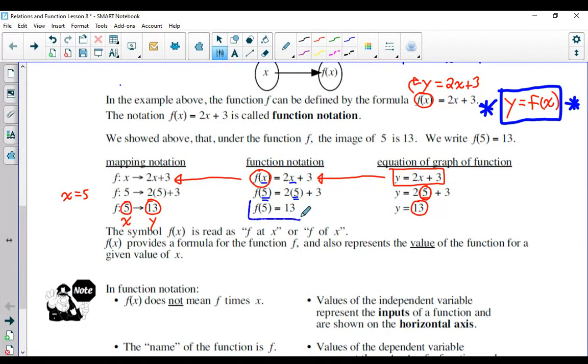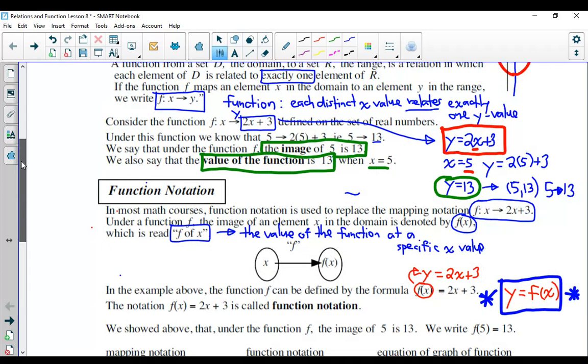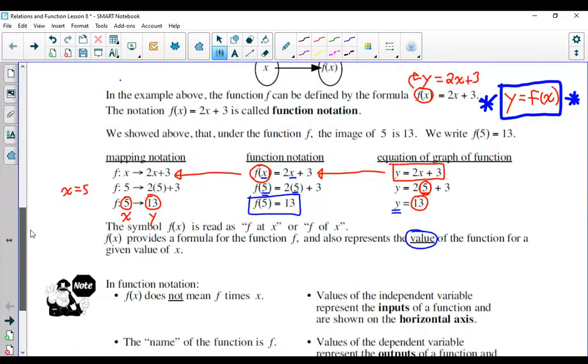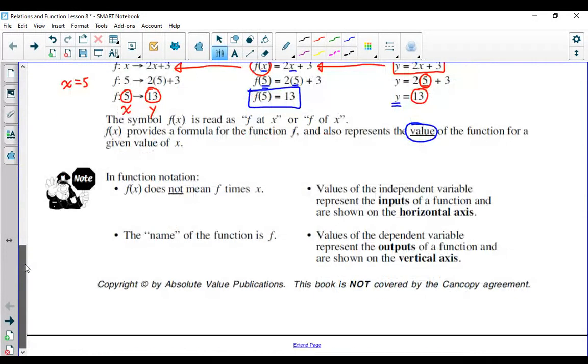Now this means the value of the function when x is 5 is equal to 13. And the value of the function when x is 5 is y. So f of 5 gives you the value of what y is going to be. And that gives you the value of the function, or we can use the word image as well, the image of the function at a specific x value.